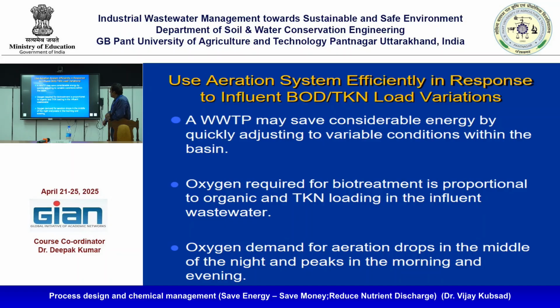Organic nitrogen, right? So a wastewater treatment plant may save considerable energy by quickly adjusting to the variable conditions within the waste, right? Oxygen requirement for biotreatment is proportional to organic and TKN loading in the influent wastewater.